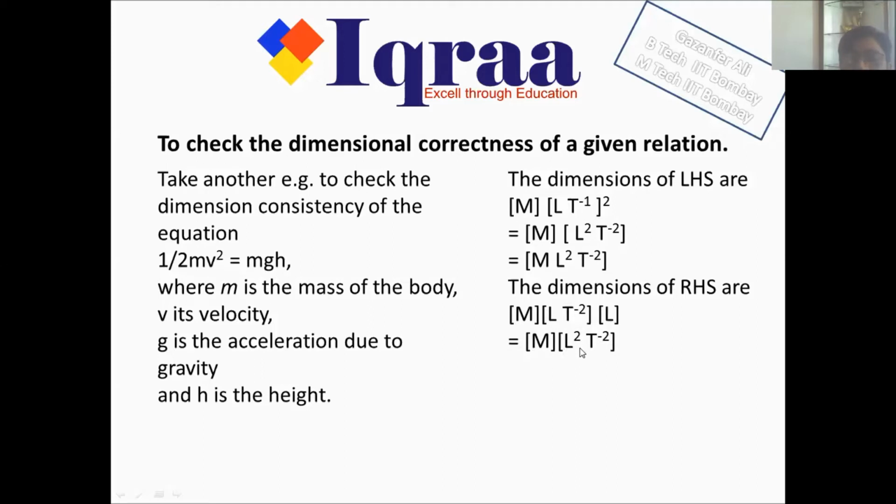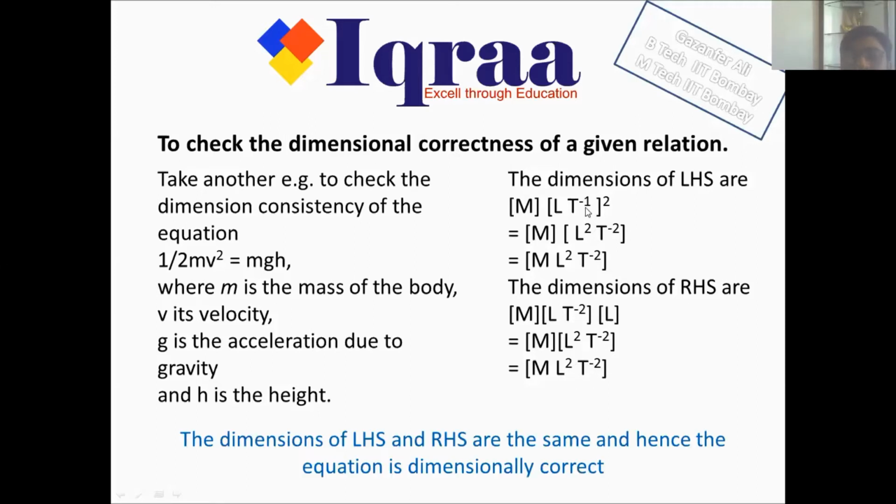It comes out to M L square T to the power minus 2, which is basically dimension of 1 in M, 2 in L, and for T it's T to the power minus 2, and we see that the dimensions of the left hand side and the right hand side are exactly the same, or we can say that this is a dimensionally correct equation.